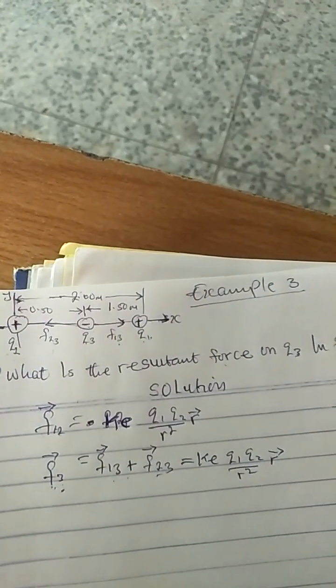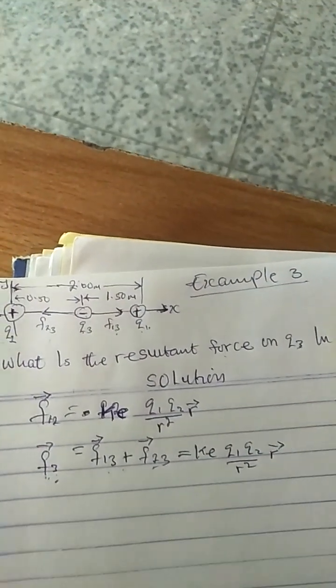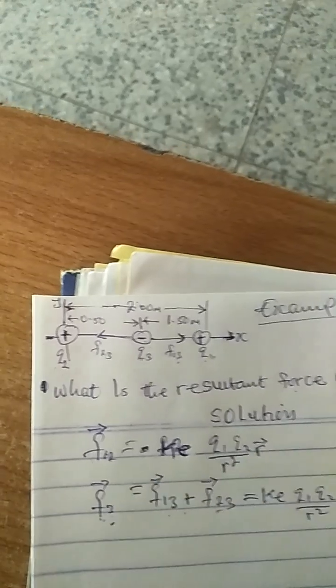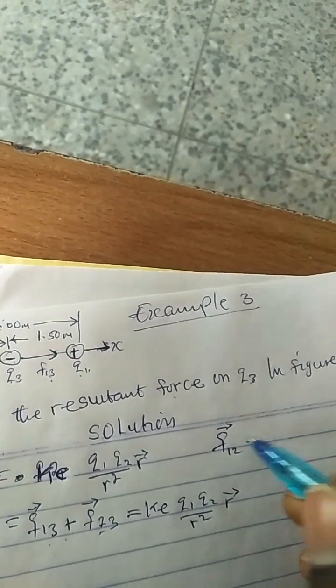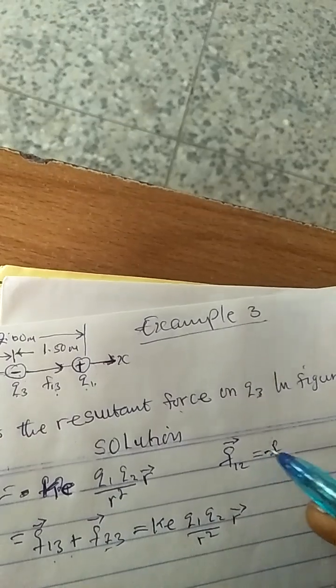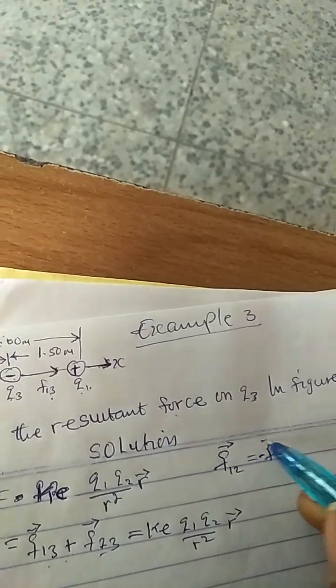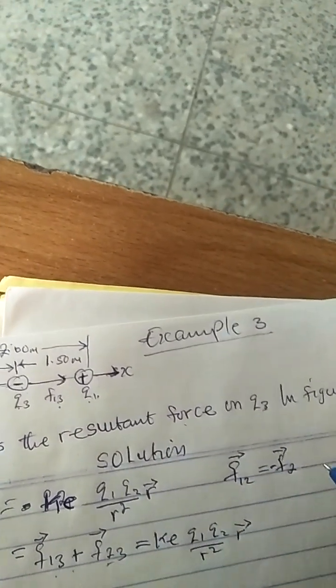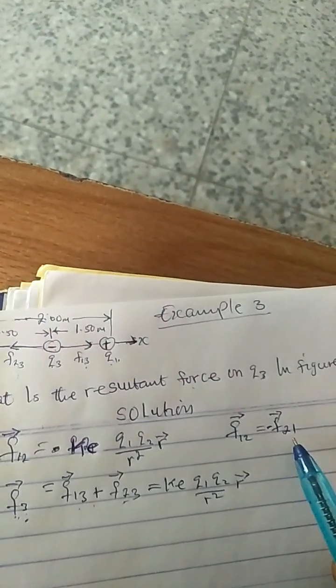This is also going to remind us from the vector nature of forces, that vector F12 is equal to minus vector F21.